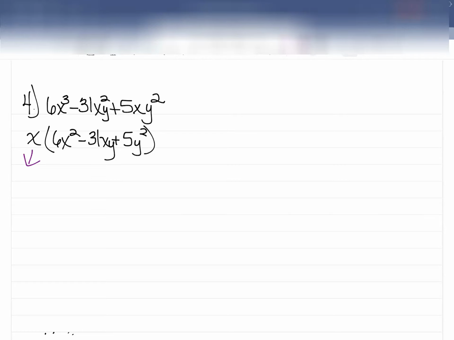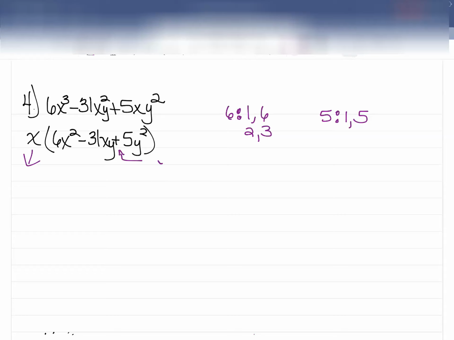I have to figure out the parentheses. So I'm going to need my factors of my 6. 1, 6, 2, 3. And I'm also going to need my factors of my 5. 1 and 5. That's what I have to play around with.